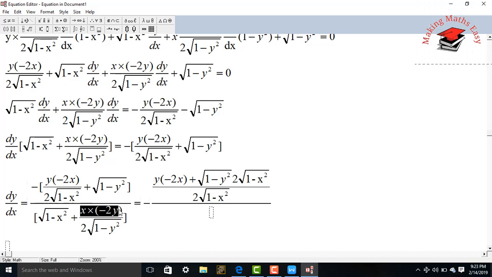So x into, first take a divide operator over here and then put this x into the y multiply by minus 2x, which is the same as x into x into minus 2y, which is the same as x into the minus 2y, and then we have to use an add operator, and then this you have to multiply with this, which will become the numerator in such cases.